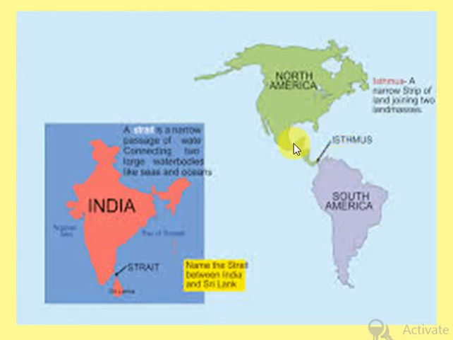So this is a narrow strip of land. Isthmus is a narrow strip of land which connects two continents. So this isthmus is known as Isthmus of Panama.